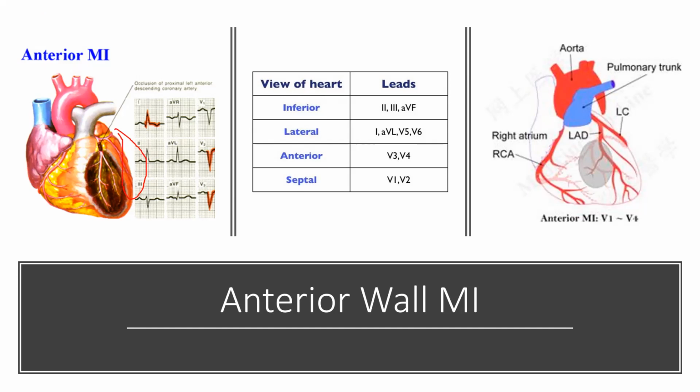When both the anterior wall and the septum are affected, the infarct changes obviously go from V1 to V4. But anterior infarction is manifested by changes in leads V3 and V4. Septal wall is going to be V1 and V2.